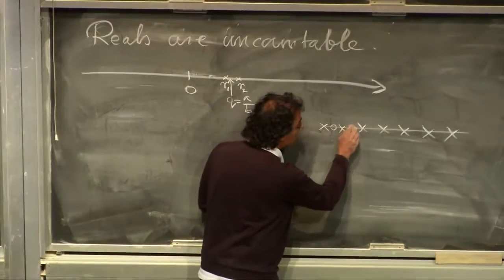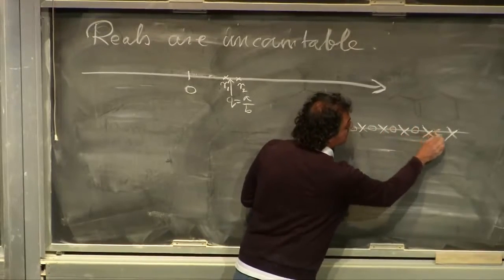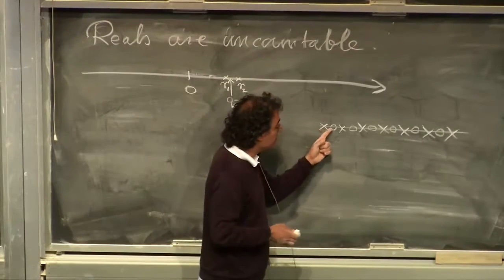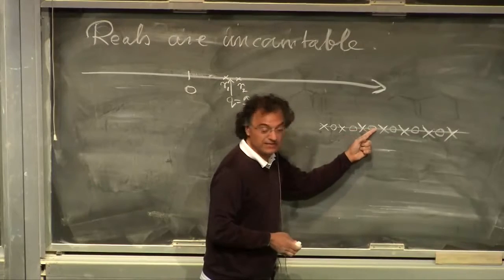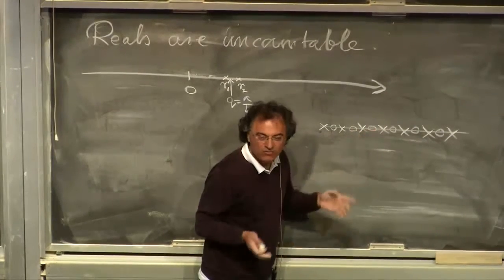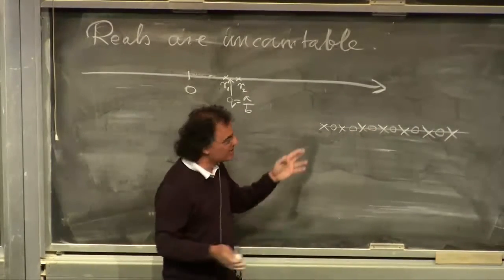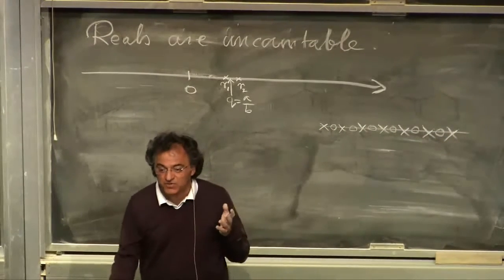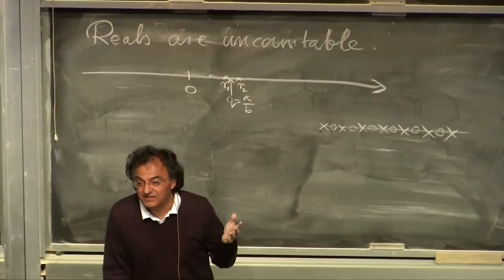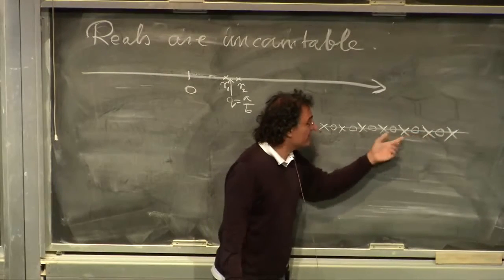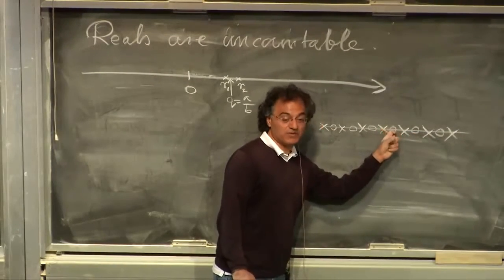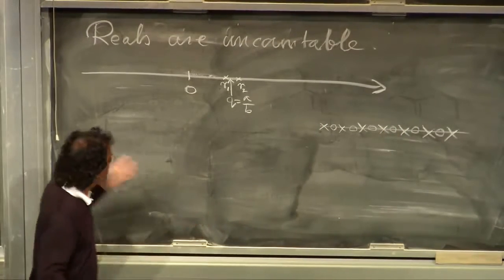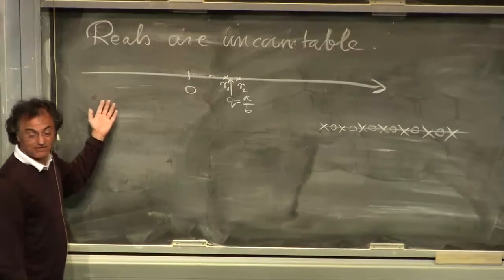Maybe more, but at least one. Then you know that the cardinality of this round set is at most one smaller than the cardinality of this cross set. And if you're dealing with infinity, one smaller is nothing, right? So if this was a finite set, and between every pair of these there's one of those, then the cardinalities would be essentially equal. But with infinity, it's not, right?